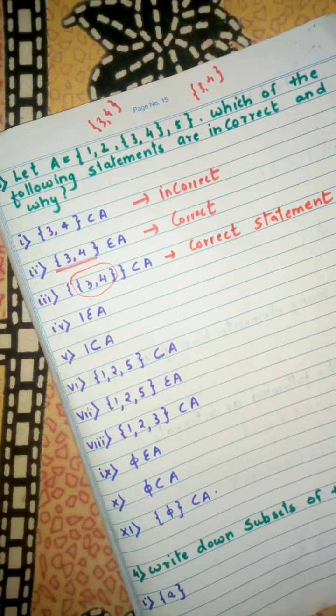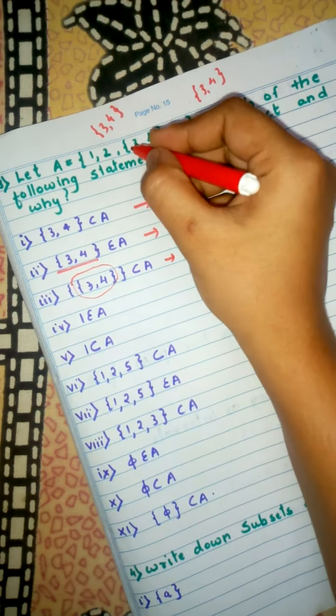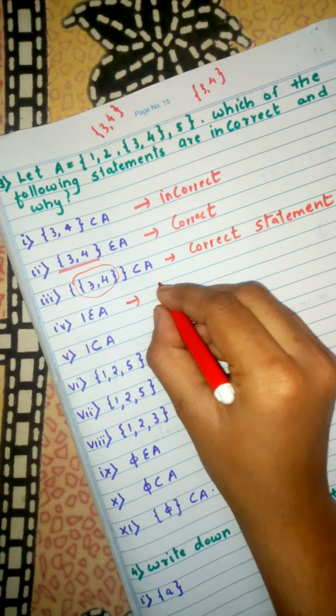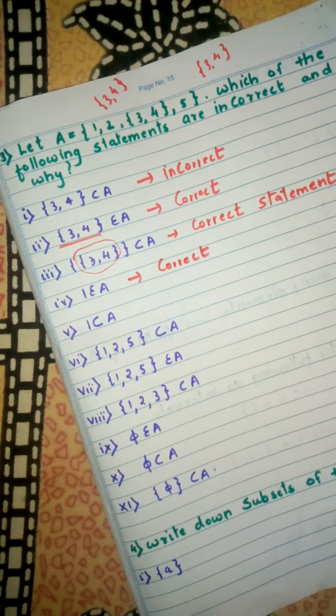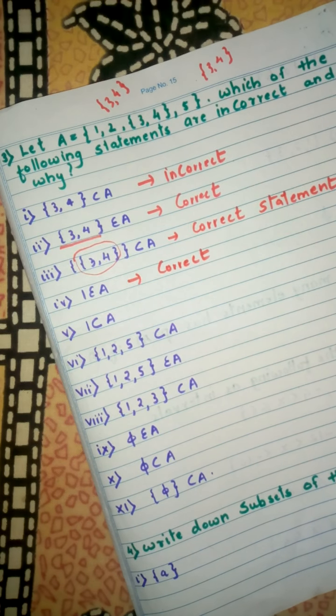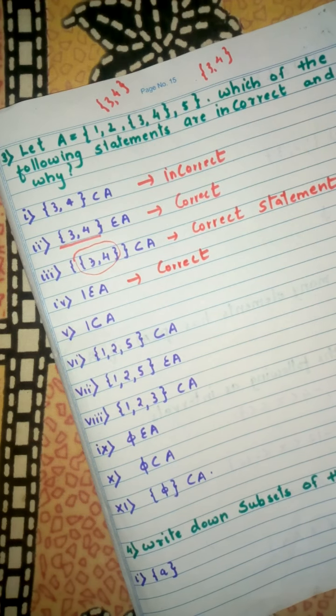Now moving to the fourth question, it says that 1 belongs to A or not. Obviously 1 is there in A, therefore this is a correct statement. Now fifth one, is 1 a subset of A? We cannot talk of a subset with one element.